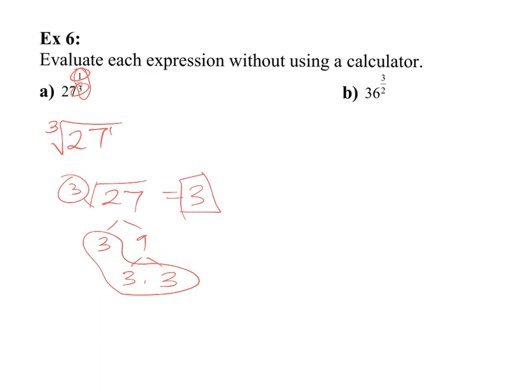So there's your answer. Now for 36 to the 3/2 power, we have 36. We're using the square root since the denominator is 2, and we're raising 36 to the 3rd power. Now you could take 36 and you can multiply it by itself twice, or you could do this.